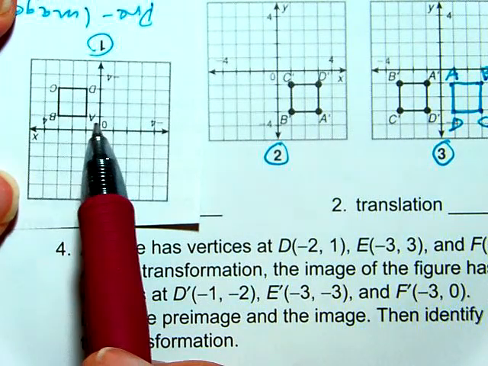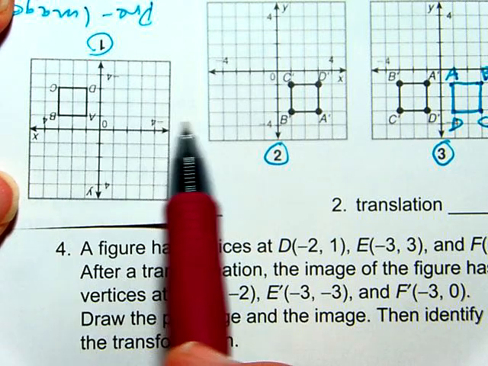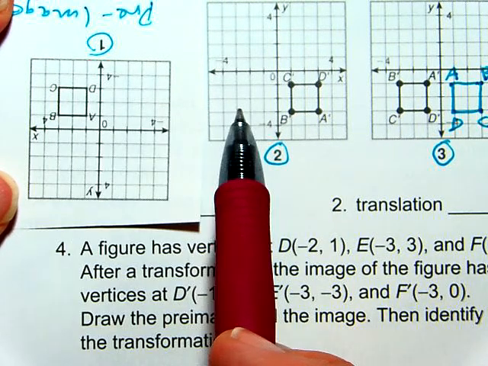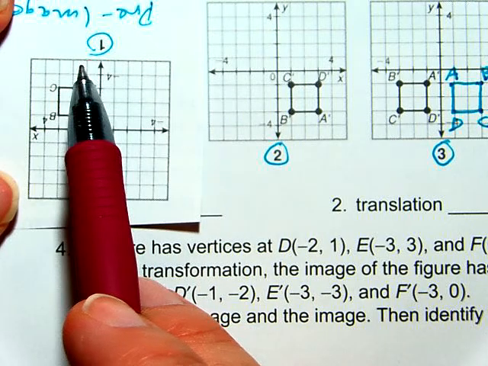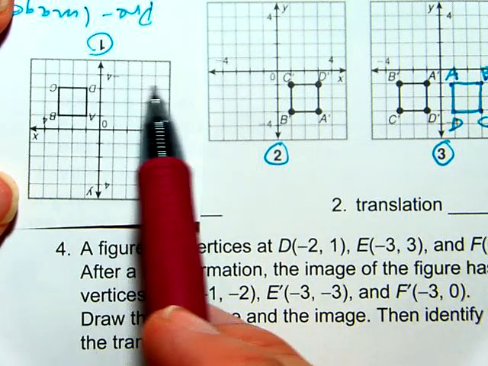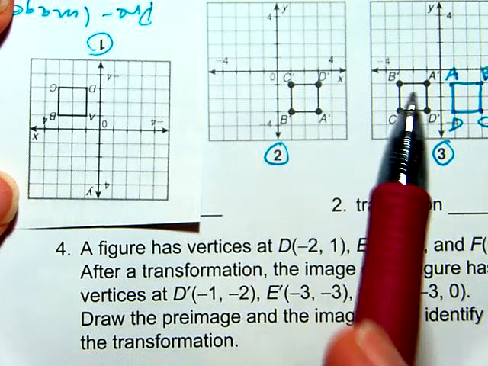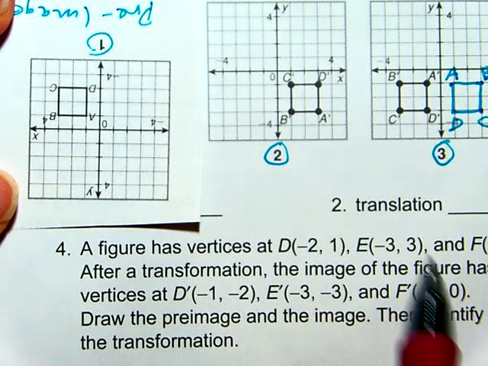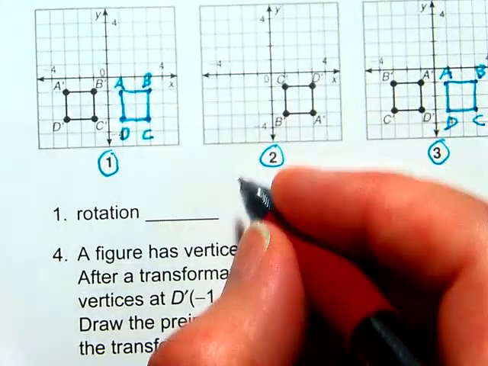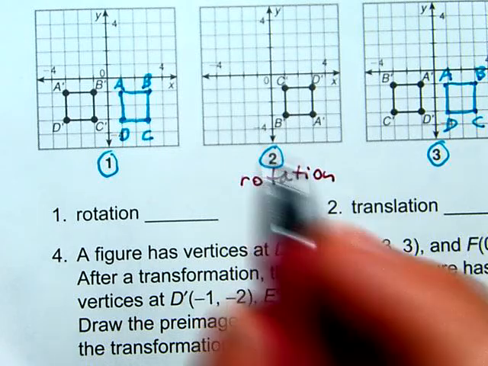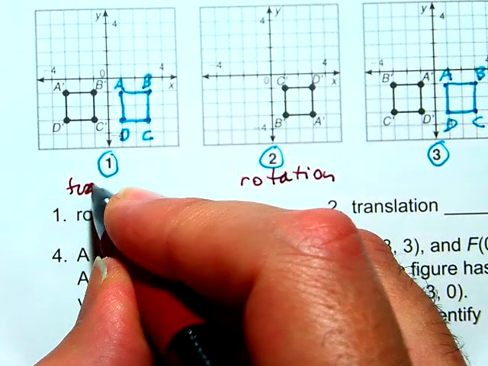The lower right-hand corner is A. The lower right-hand corner is A. The lower left-hand corner is B. That matches up. The upper left-hand corner is C. That matches up. And the upper right-hand corner is D. Okay, so if we rotate the pre-image 180 degrees, we get the image. So therefore, this one is a rotation. Okay, and we said the first one was the translation.